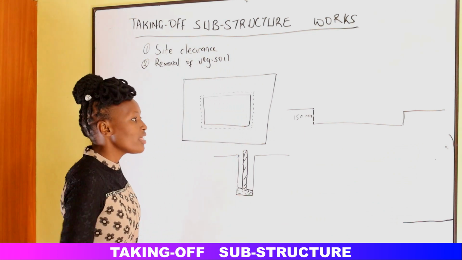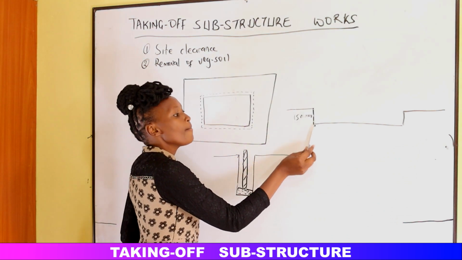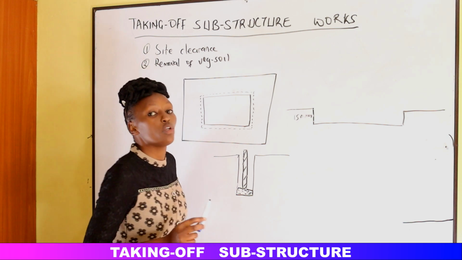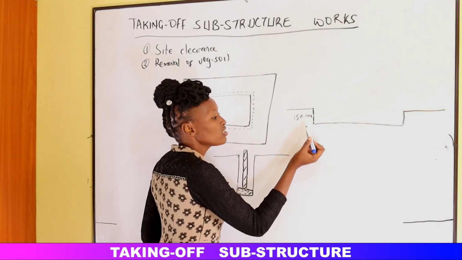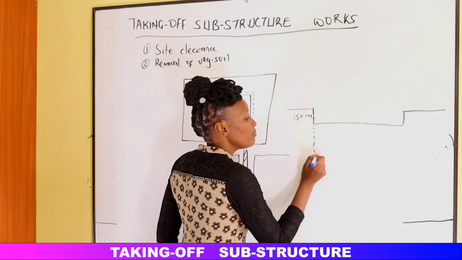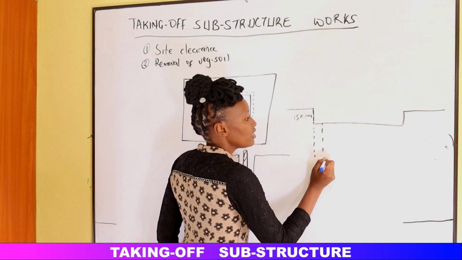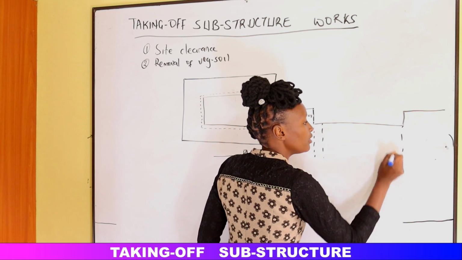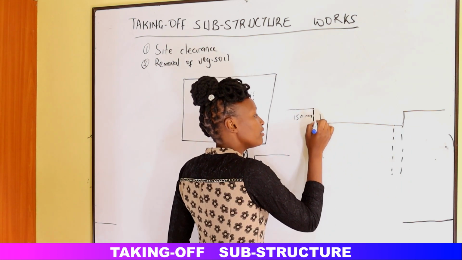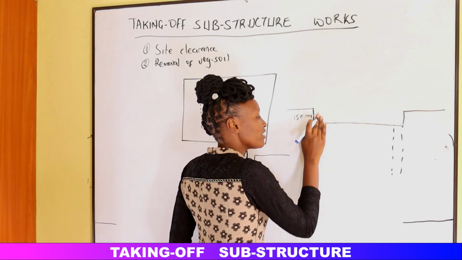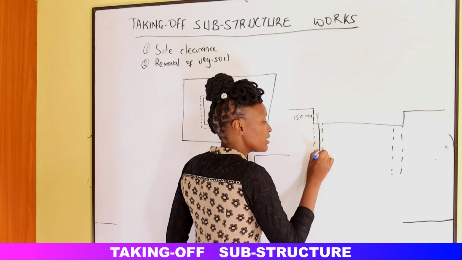So the whole site will be at this level, but the level where the building will be constructed, together with where the trenches will be dug, is lower. The trenches will be like here, then the wall will come from here. Even the foundation wall shall be somewhere here.